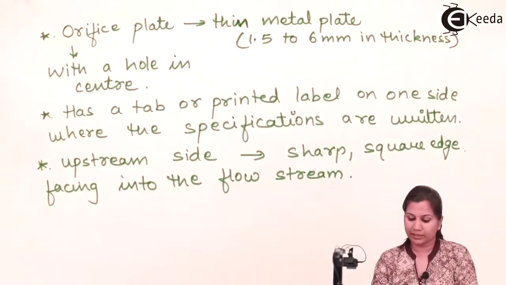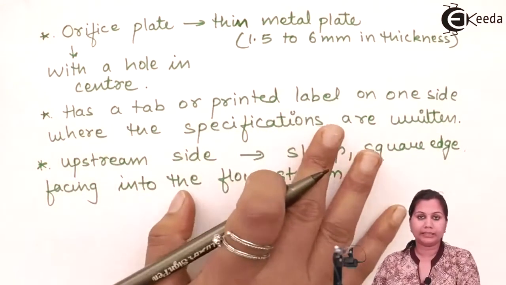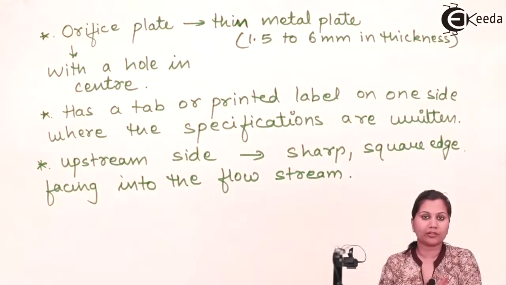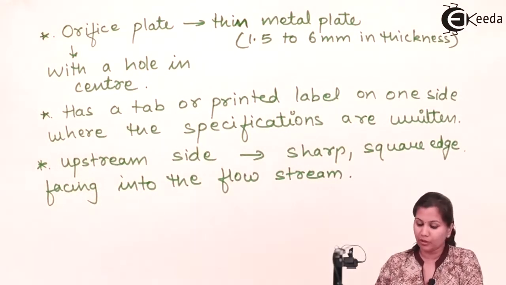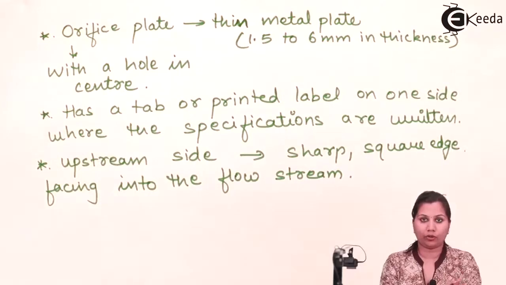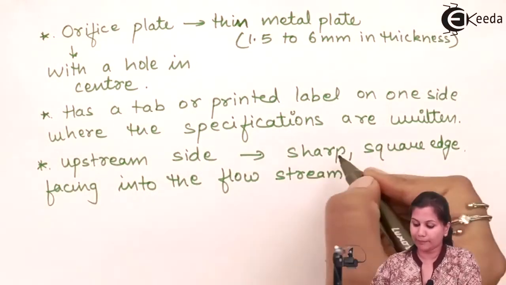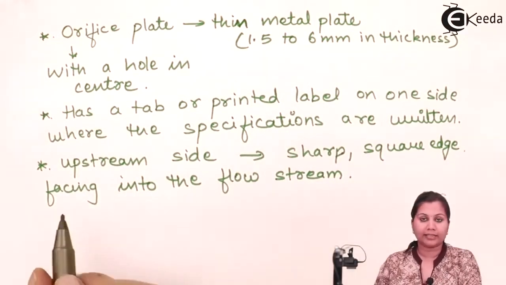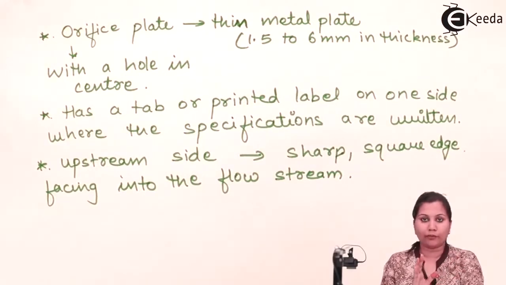So the orifice plate is having a tab or a printed label on it where the specifications of the orifice plate are written. Also the upstream side of the orifice plate is a sharp square edge, and it is facing towards the flow stream.